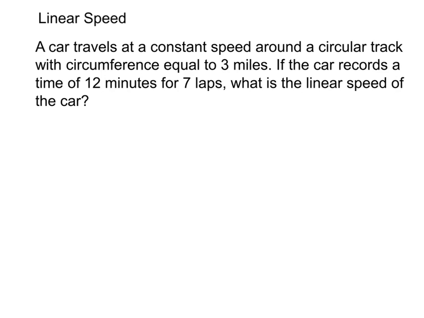Because the circumference is 3 miles and I'm doing 7 laps, my arc length, S, is going to equal 3 times 7, 3 miles times 7 laps, which is going to be 21 miles.